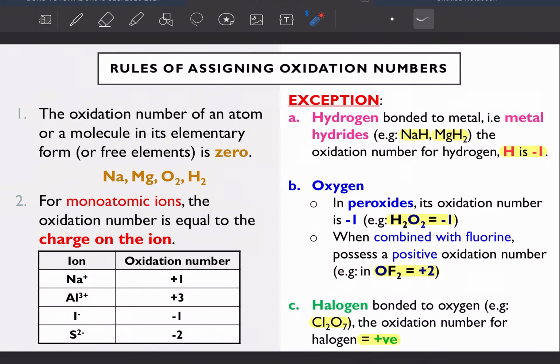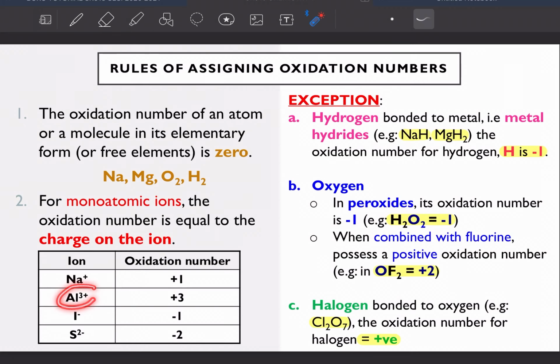Second rule is that for monoatomic ions, okay, maksudnya ions yang ada satu atom ni, okay, the oxidation number is equal to the charge on the ion. Okay, so macam sodium plus ion, the oxidation state is +1.